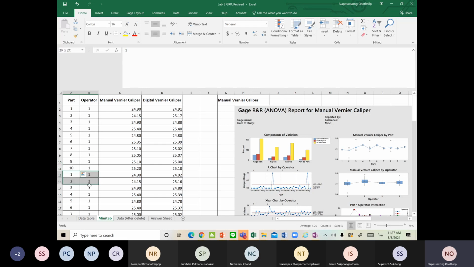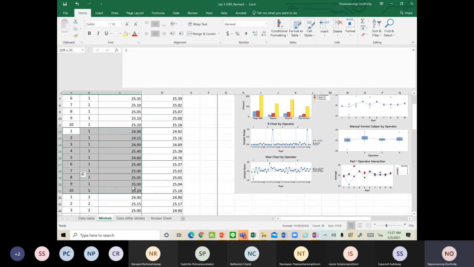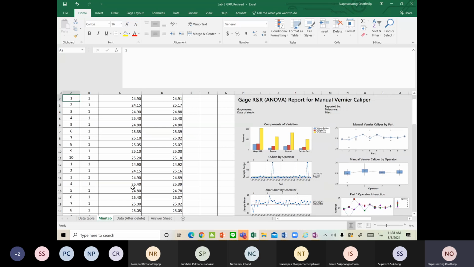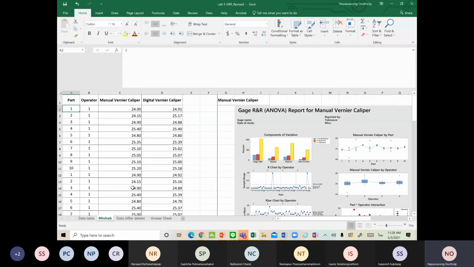So for the second time, we will plug it in here. So you don't have to tell Minitab that this is the first time or the second time, because Minitab will know. For example, if there's operator 1, part 1 here, and now you have operator 1, part 1 again, Minitab knows that this is the second round.